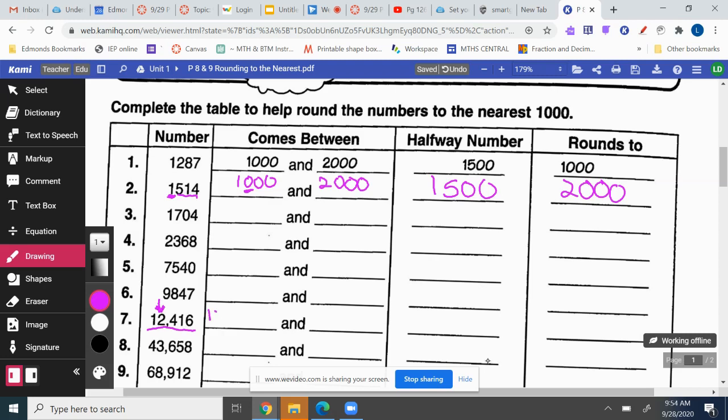So this would be 12,000. And then I go to the next 1,000, which would be 13,000. The next says halfway number. What's the halfway number between this one? That's 12,500. So I'm looking to see how this number compares to this number. This number is smaller than that number, so we're going to round to this number.